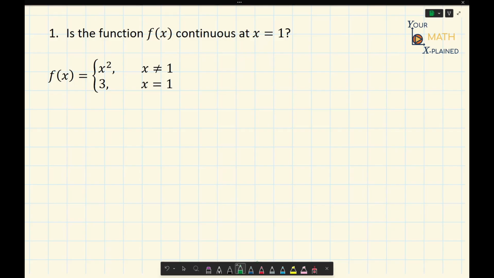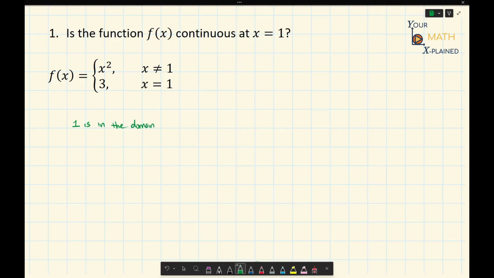We're asked if our piecewise function f of x is continuous at x equals 1. So using the definition, we know that it has to satisfy all three conditions. And the conditions are: 1 is in the domain. That's our first one.